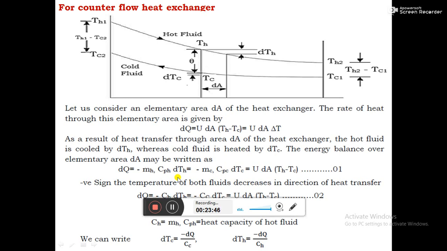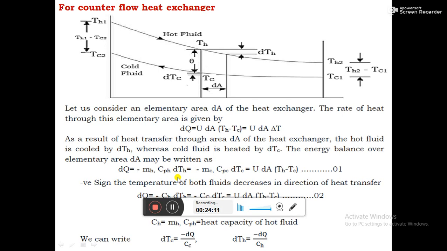The energy balance equation over the elementary area dA may be written as dq equals minus mh into cph into dTh equals minus mc into cpc into dTc, which is equal to U into dA into (Th minus Tc).